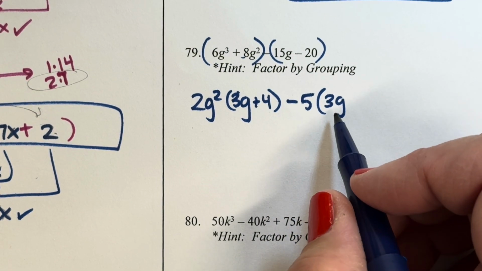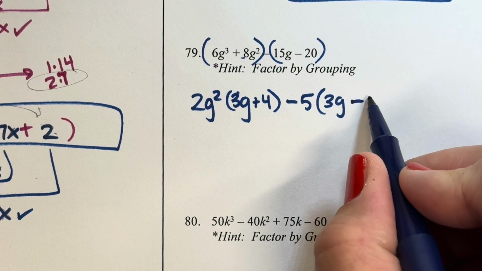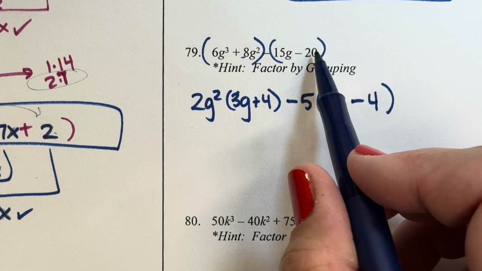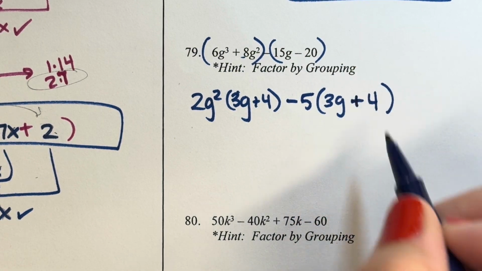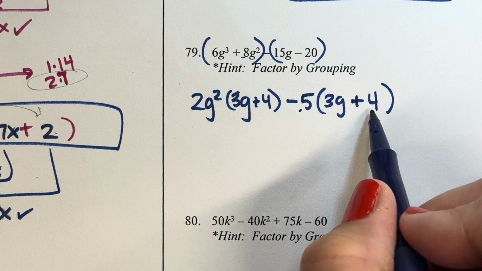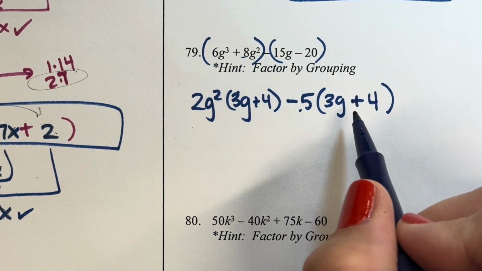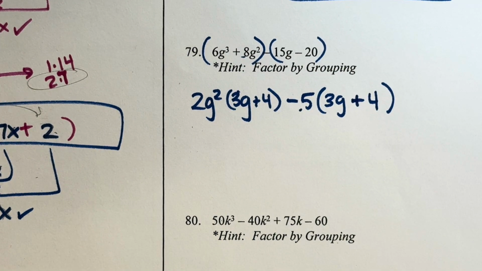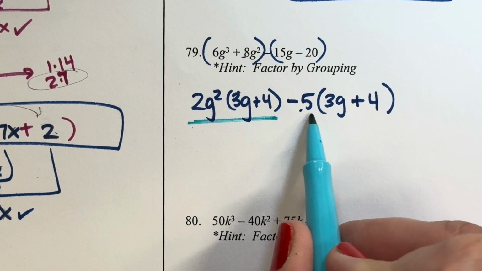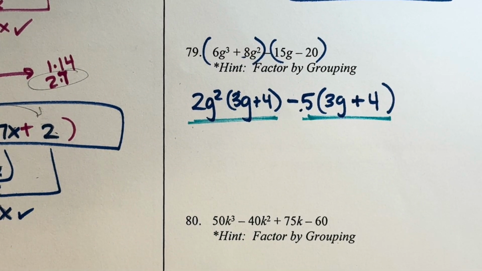Negative 5 times negative 4 makes a positive 20, so I need this to be a positive 20. Or I'm sorry. Negative 5 times positive 4 makes a negative 20, so I need that to be a plus sign, which makes sense because now if I look, I have these two things getting multiplied together and these two things getting multiplied together.